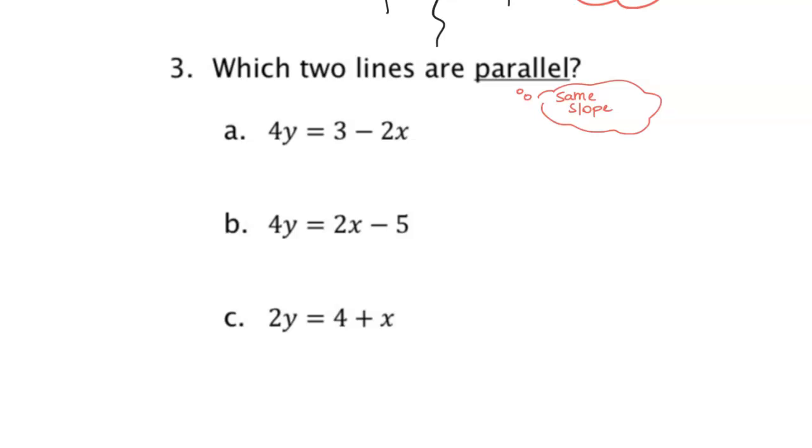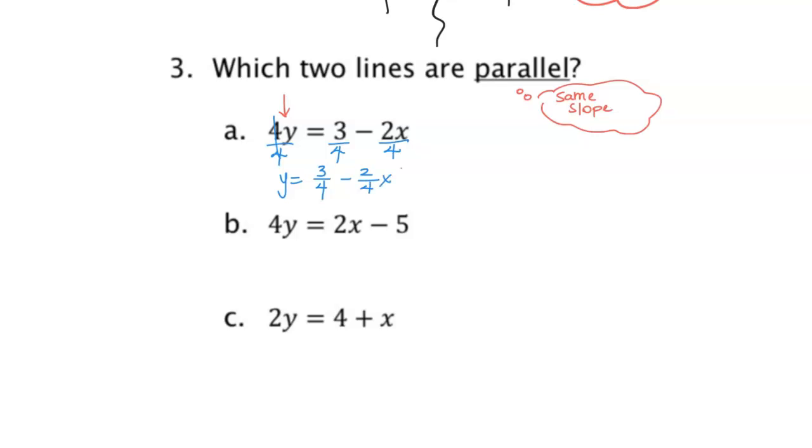So to do that, here is our y term. Note the only thing stopping the y from being by itself is the fact that it's been multiplied by this 4. So opposite operation says divide it by 4. If we divide the left by 4, divide everything on the right by 4. So you have y equals 3 over 4 minus 2 over 4x.